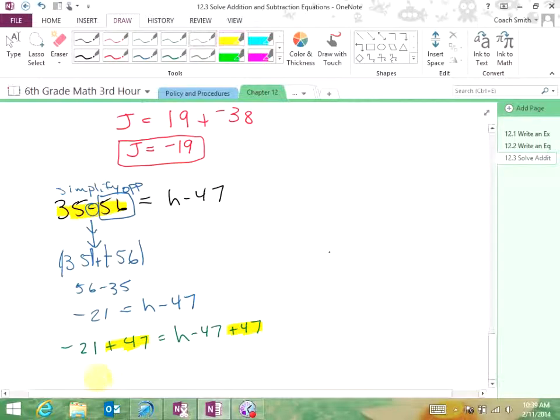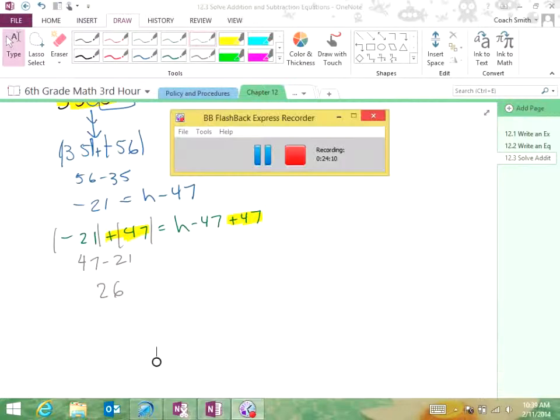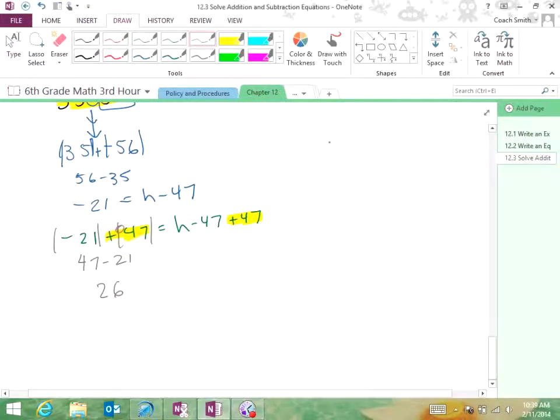Okay, and that means I have 47 minus 21, because I take the absolute value. 47 minus 21 is 26, and it's positive, so H is equal to 26, because those two cancel out.